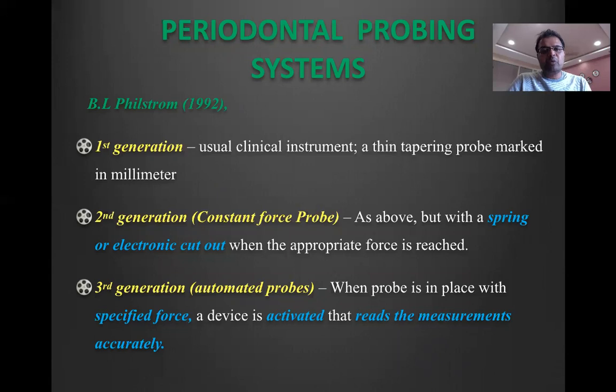So what we came to know was that we need to standardize the measurement. Someone like me with 15 or 20 years of experience in perio, the way I probe and the way you as a beginner probe a periodontal pocket, or the way a postgraduate student would probe, would be entirely different because we have our experience.